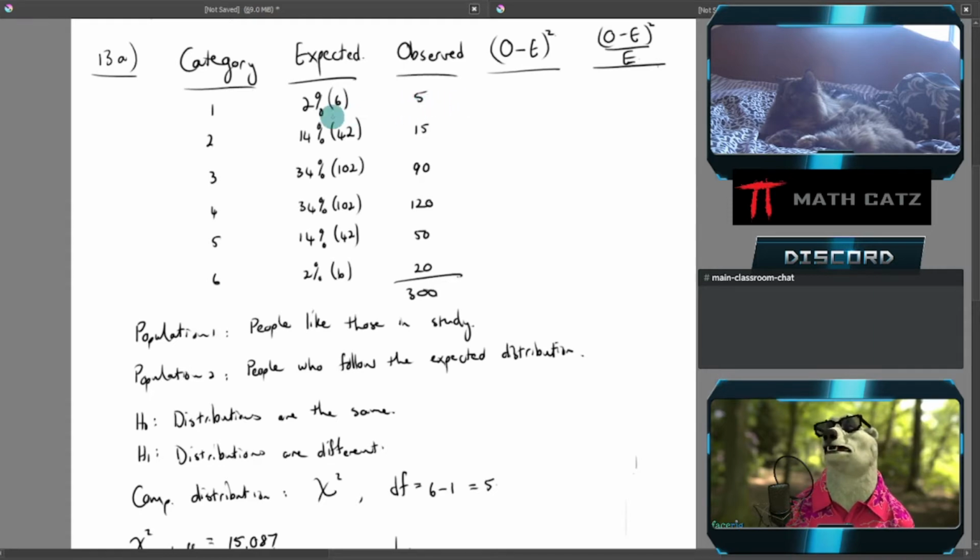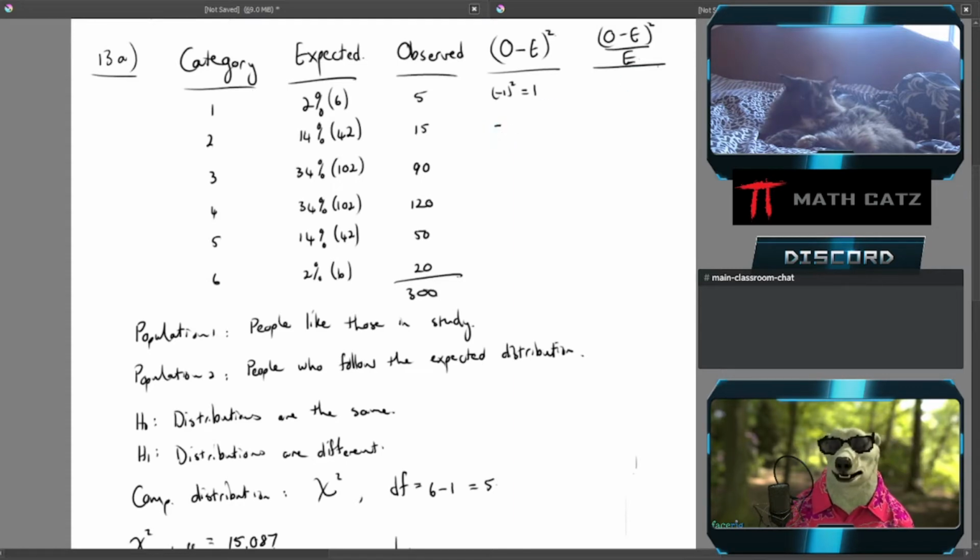Observed minus expected, that's a -1. -1 squared, let's put it like this, will be a 1. Observed minus expected, that'll be a negative. Well, let's show it in the chat, sure. You don't have to do these in your head.